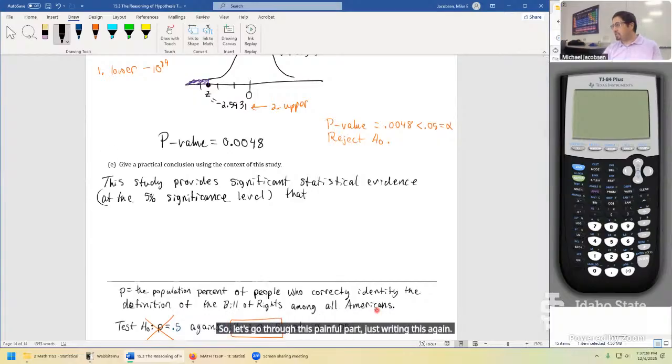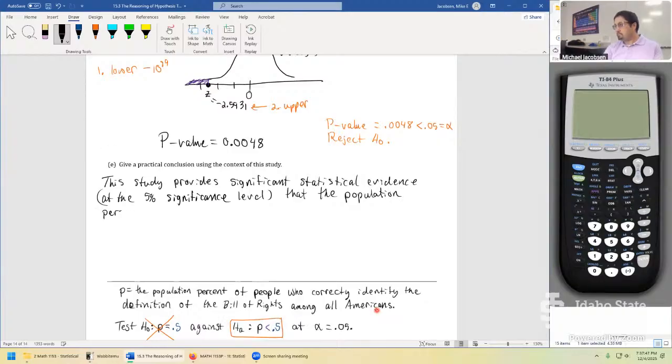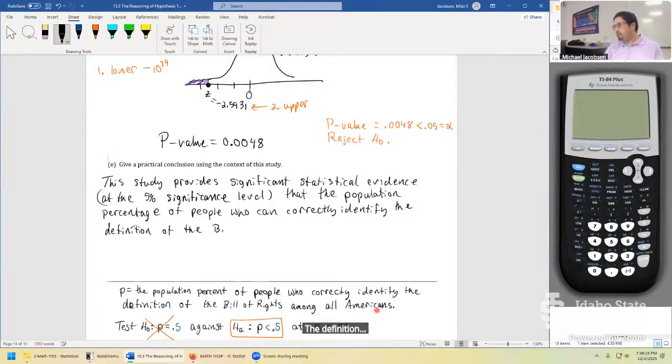We have significant statistical evidence that the population percent or percentage of people who can correctly identify the definition of the Bill of Rights.